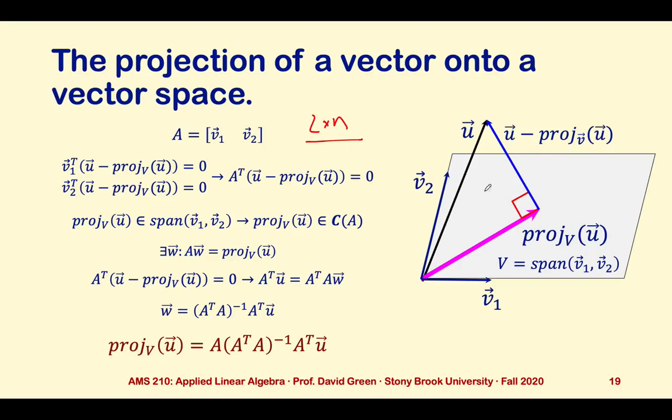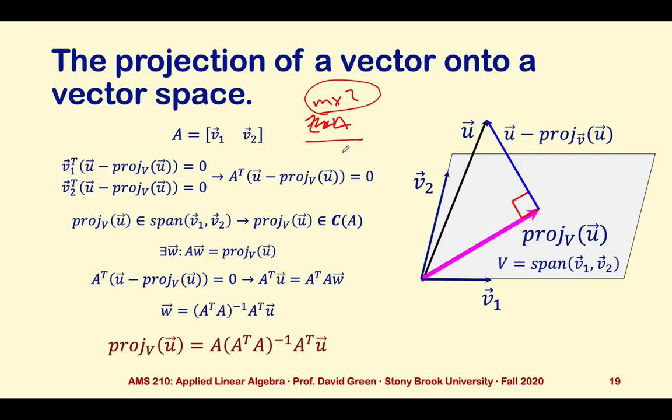Maybe you can think of this as being in three-dimensional space, but it doesn't have to be. V1 and V2 could be vectors of really any length. I have two of them, so I know that A is an m by 2 matrix, right? M rows and 2 columns.